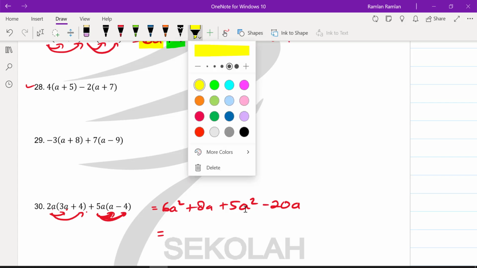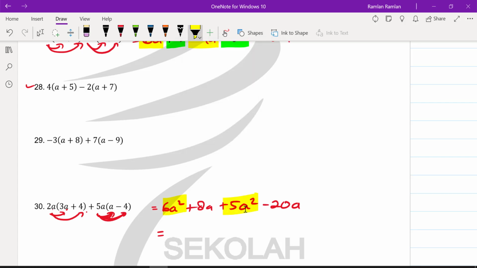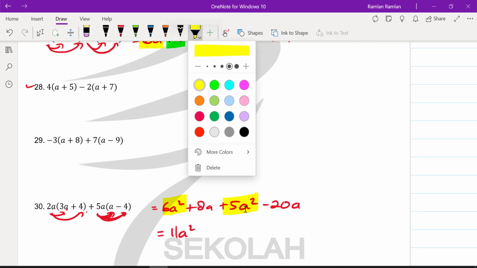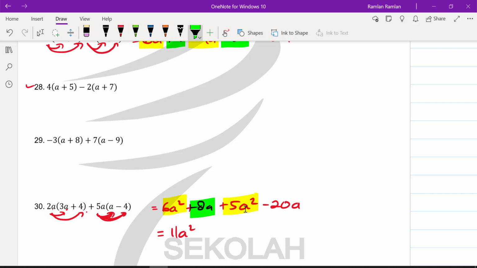Collect the like terms. 6a squared plus 5a squared becomes 11a squared, and then 8a minus 20a, that will be minus 12a.